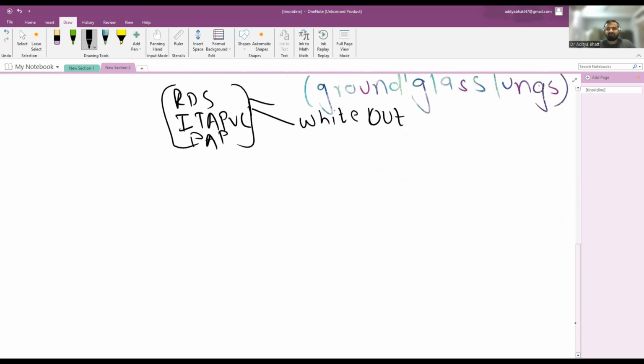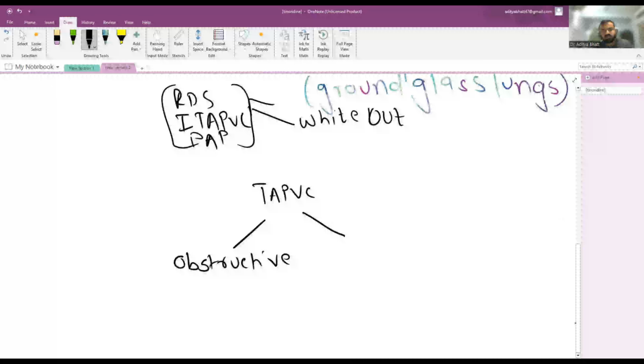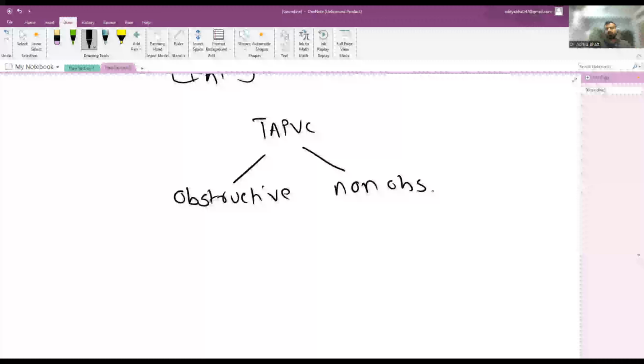Now, you have to understand one thing, that there is another classification of TAPVC, that is obstructive TAPVC and non-obstructive TAPVC. Now, what is an obstructive TAPVC?